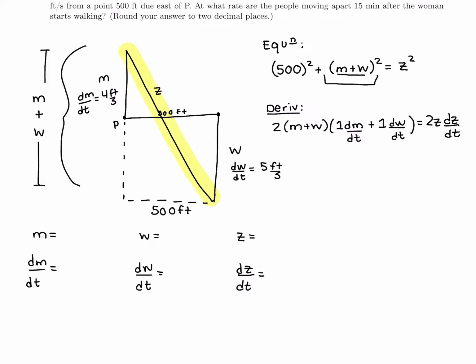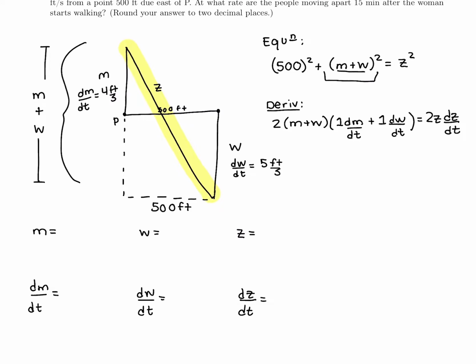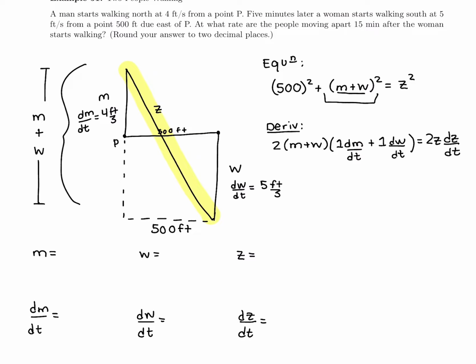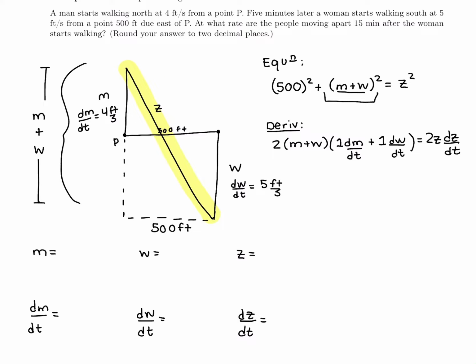So we're going to solve for dz/dt, but we're going to figure out what each of these variables is at first. So starting off, we're looking 15 minutes after the woman started walking. So let's figure out how far she is to start. She's been walking for 15 minutes, and she's been walking at a rate of 5 feet per second.